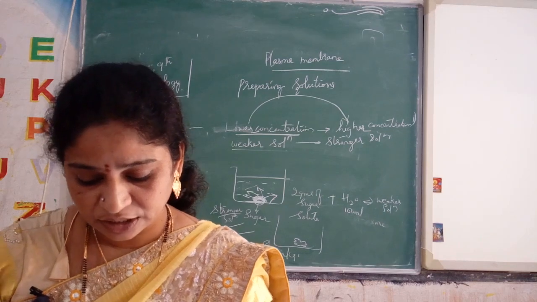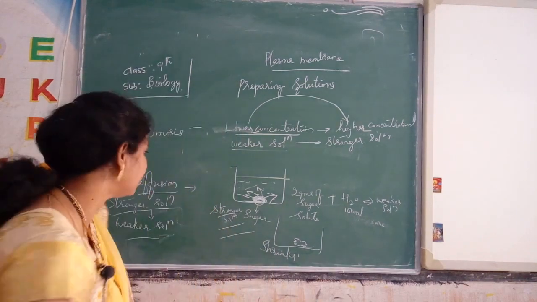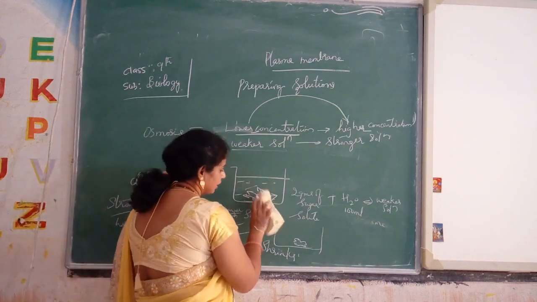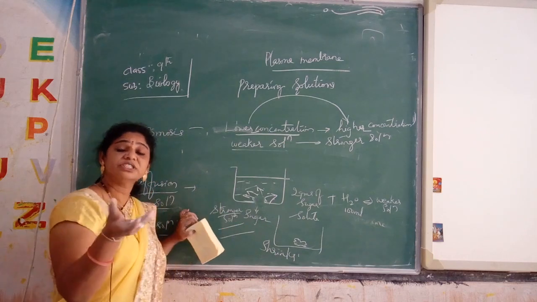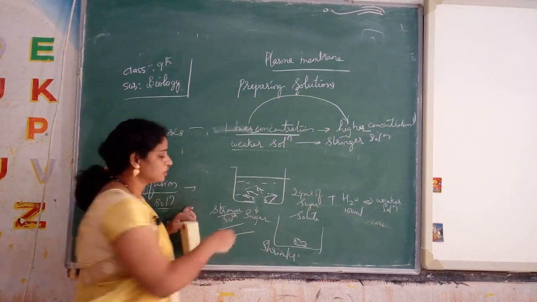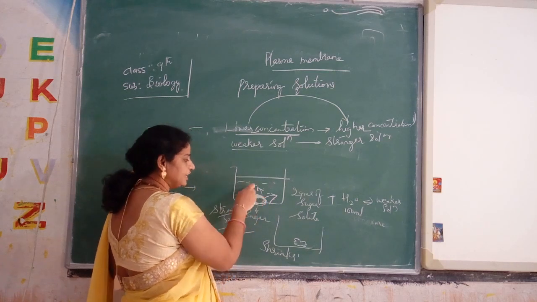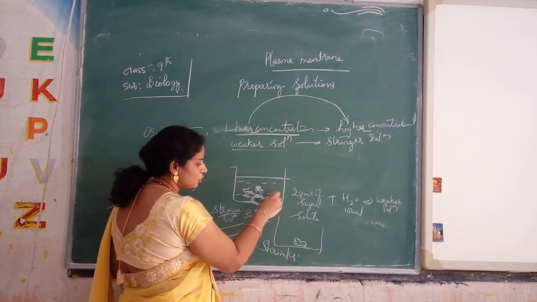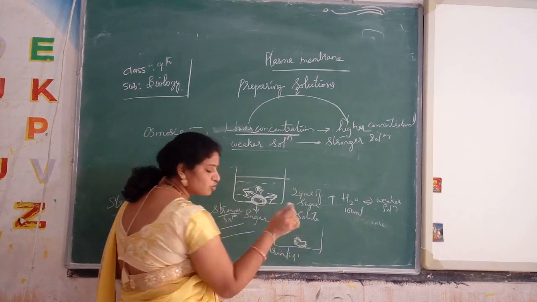So these are the experiments. Instead of grape we can also take the swollen kismis obtained from the osmosis process. The swollen kismis has higher concentration. When it diffuses all its solutes into the water, it shrinks again and comes back to its normal position.